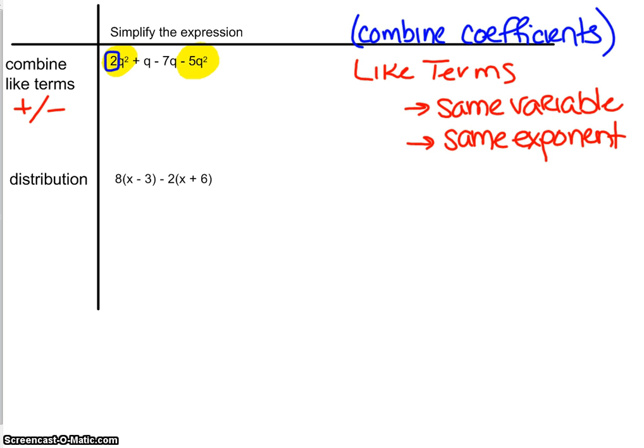So here I have 2 of them. Got to take your sign with it. When I combine them, they stay the same. They don't change in appearance. When I put oranges with oranges, they're still oranges. When I put desk with desk, they're still desk. And they don't become q to the 4th, which is what some people try and do. It's just how many do I have?